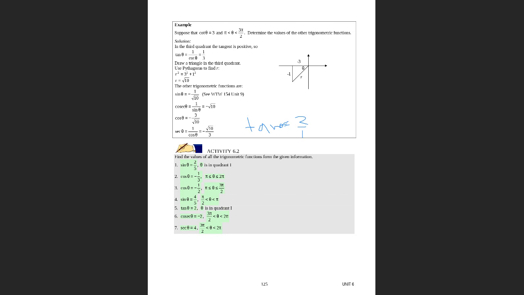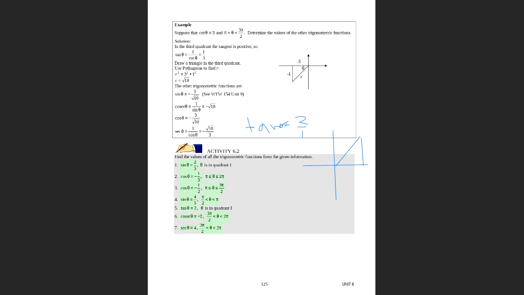Since it is in the first quadrant, when you draw your CAST like this, your angle is going to be here.